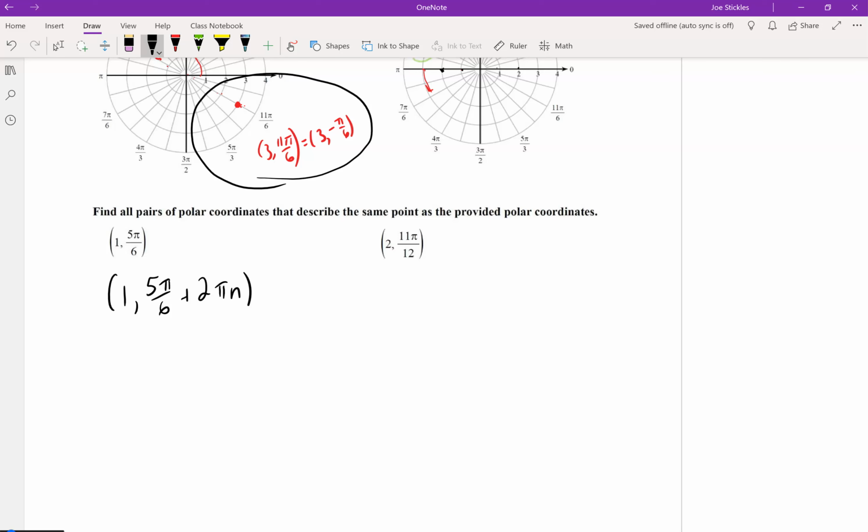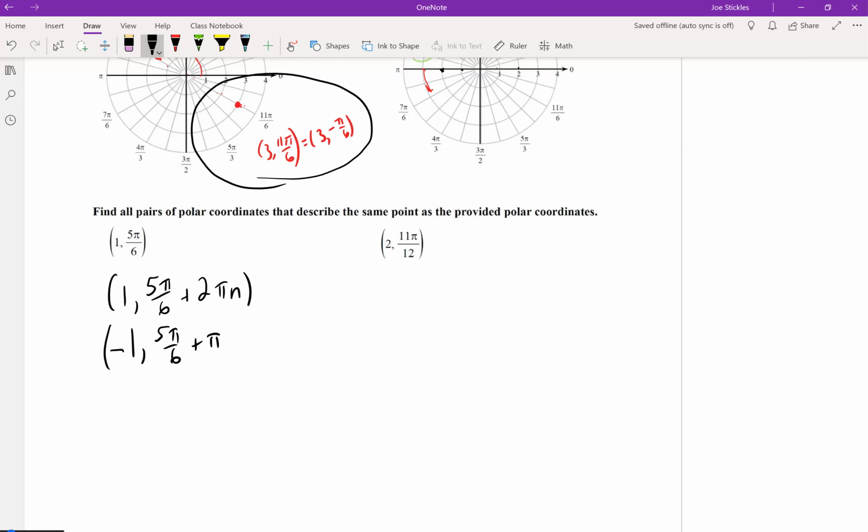The other thing we said was, if we flip the sign on the r, we can add or subtract a pi to the angle. Okay? So I could do 5 pi over 6 plus pi or minus pi, doesn't matter. You can add or subtract. Either way works. Because again, if I add pi or subtract pi, that's only a 2 pi difference.